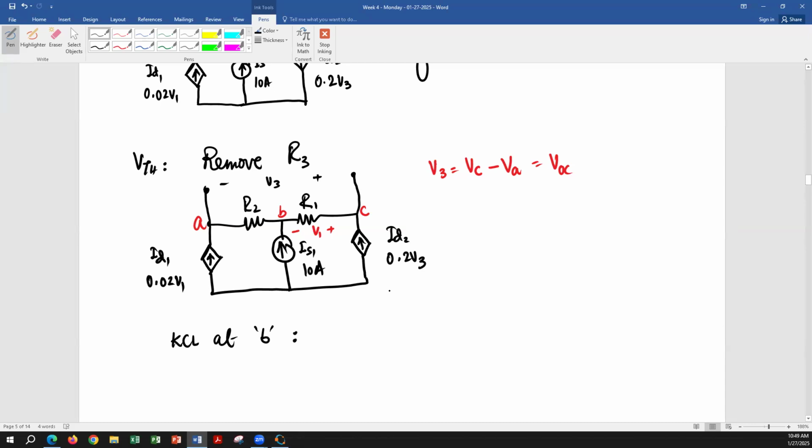In the KCL equation, you're putting current and voltage together, but you cannot add current and voltages together in the equation.